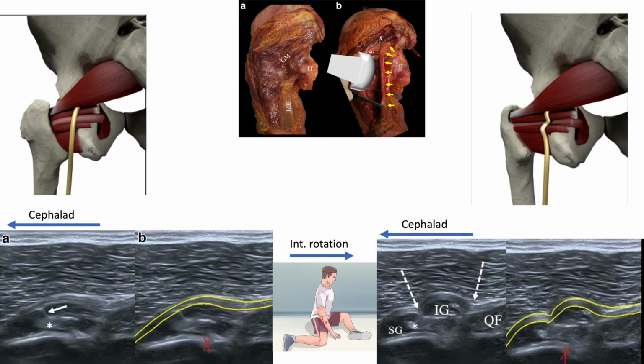The other possibility is overactivity of the Gemini muscle. When you do the internal rotation, if you have a very strong muscle here, you can make it bulge out, causing more kinking and more issue with the smooth contour of the sciatic nerve. That's the contribution of the obturator and Gemini muscles.